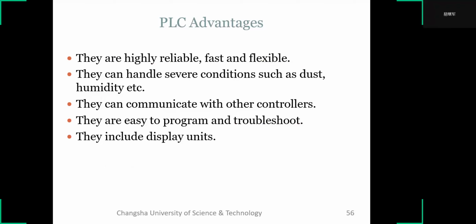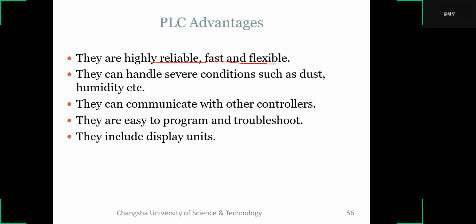PLC advantages. What are the advantages? They are highly reliable, fast and flexible. They can handle several conditions such as dust, humidity.